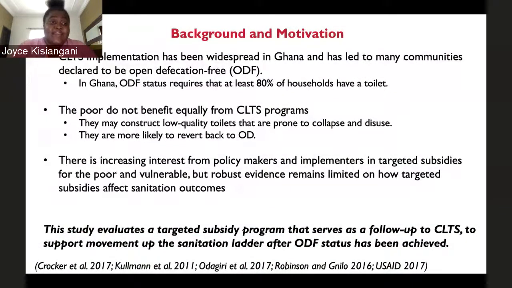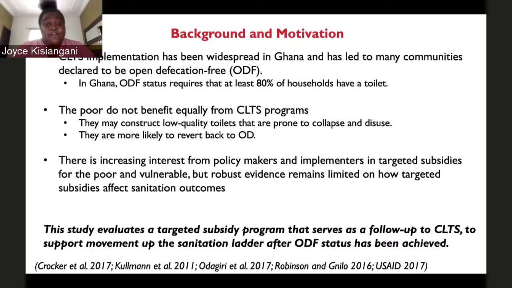CLTS, Community-Led Total Sanitation, has been widely implemented in Ghana and has led to many communities being declared open defecation-free in northern Ghana. In Ghana, for a community to be declared open defecation-free, they have to have at least 80% latrine coverage.